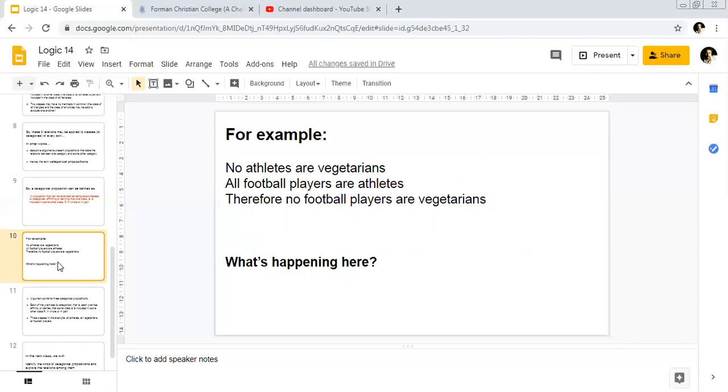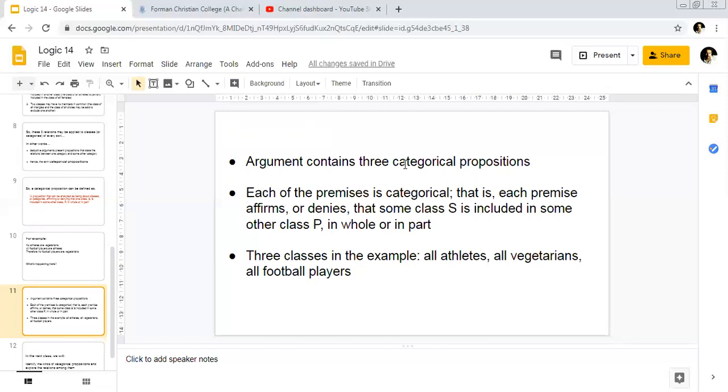So it is categorical in that sense if you're looking at it in terms of Aristotle's theory or the classical logic theory, right? So that's right. It does contain three categorical propositions. Second, each of the premises is categorical. That is, each premise affirms or denies that some class S is included in some other class P in whole or in part.